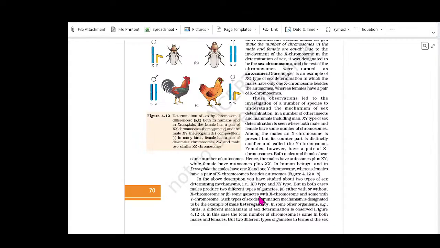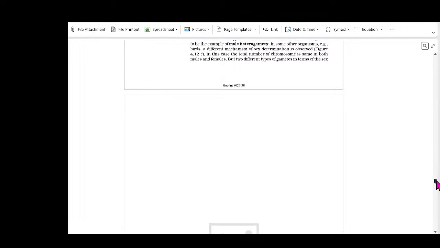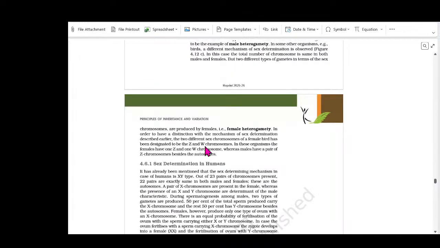In other organisms, for example birds, a different mechanism of sex determination is observed. In this case, the total number of chromosomes is the same in both males and females, but two different types of gametes in terms of the sex chromosomes are produced by females, that is, female heterogamety.